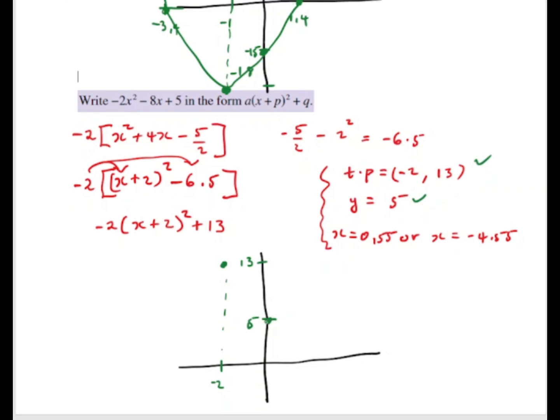So that means the graph will cut there. And the last two points will be the x-intercepts, that is 0.55, probably might be there. It's just a sketch. And -4.55 might be somewhere there.